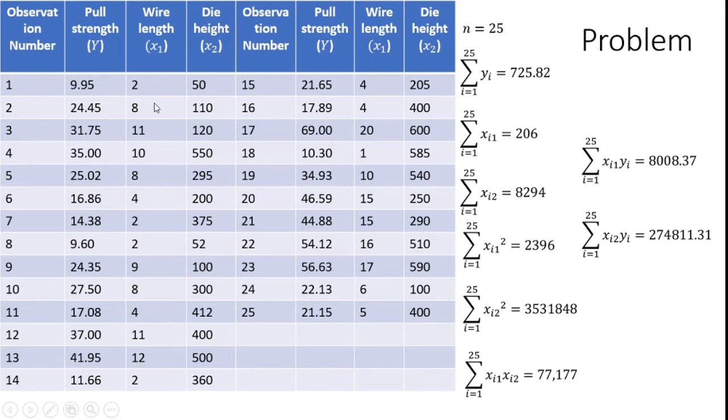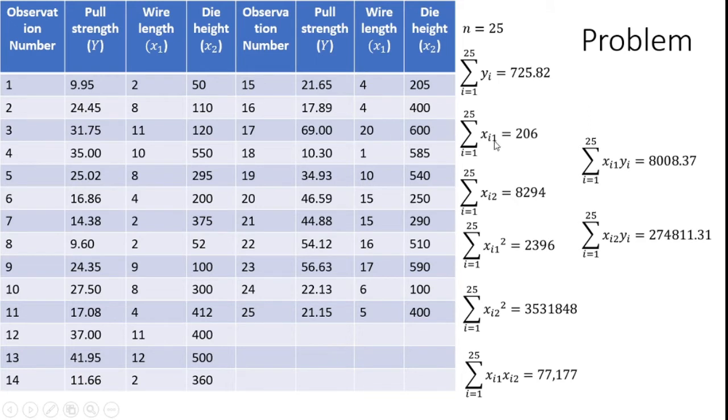After that, the sum of y, the response summation value, is 725.82. I add all the elements of the pull strength, so I got 725.82. Similarly, the next step is to conduct the summation for x1 and for x2.